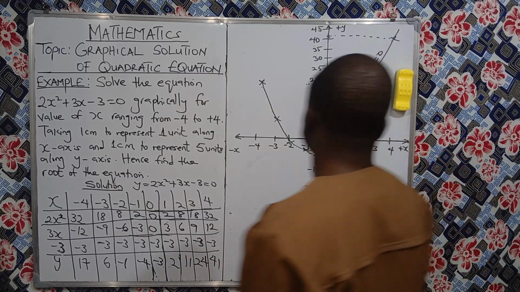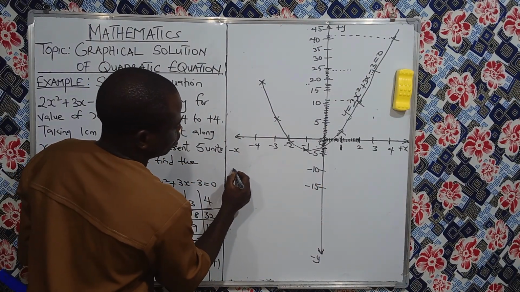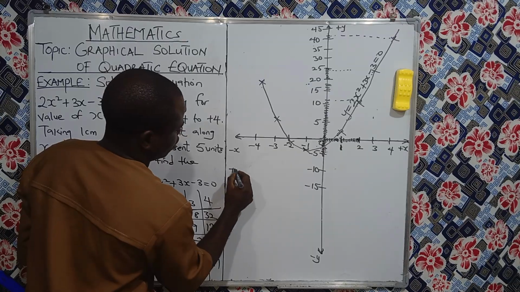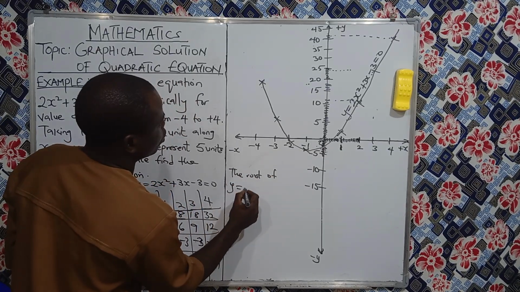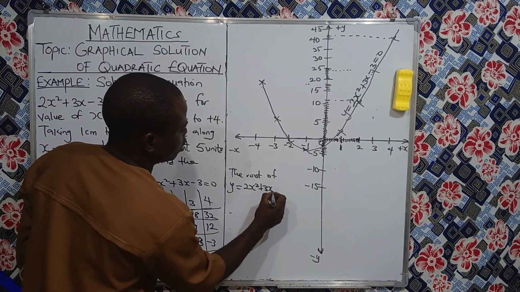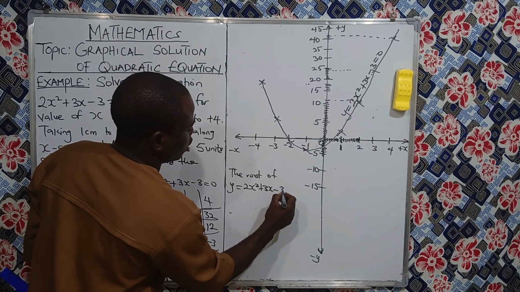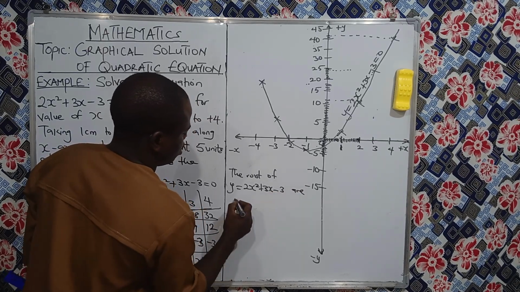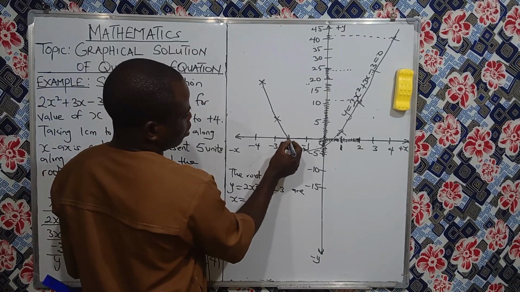Now the roots of the equation y equals 2x squared plus 3x minus 3 are where it cuts the x-axis.